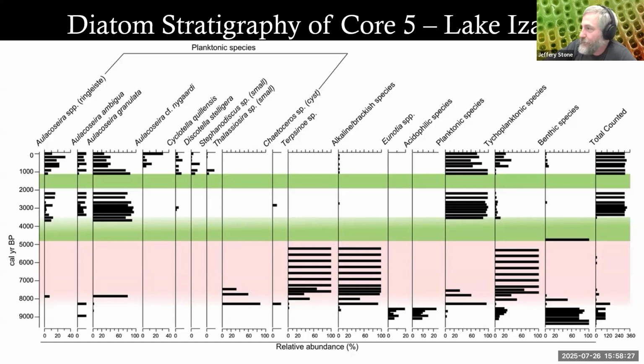A lot of the diatoms that we see in that benthic interval are acidophilic species, things like Eunotia and Frustulia, which are known to be found in dystrophic conditions, wetland conditions. And so we think that most of the lake at this point was pretty shallow at the transition into the record at the very base of our core.